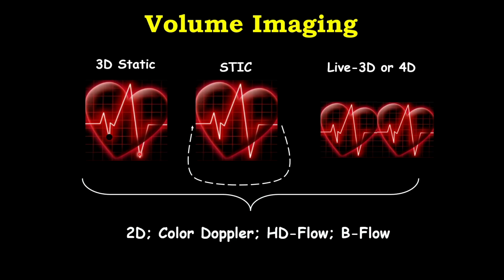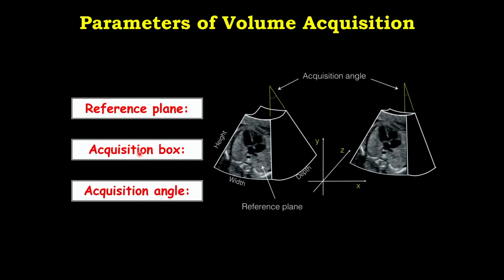And finally, we have the real 3D or 4D imaging. This is when we have the volumes produced over time, and this is real 3D imaging per se for the cardiac. All of those modalities can be used in grayscale together with color Doppler, also the other modalities of color Doppler, and also the V-flow.